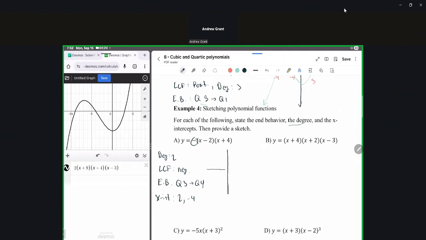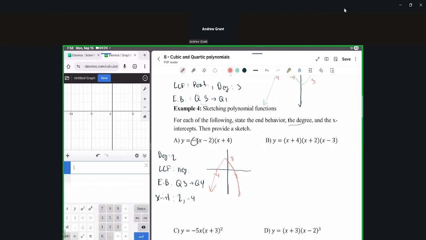And so when I make a graph of this, there's my negative 4, there's my 2. And this will be roughly what this graph looks like. If you want to get a bit more accurate, you could state things like the y-intercept to help make your graph a little bit easier to read quickly if you so wish, but that's not necessary for us.